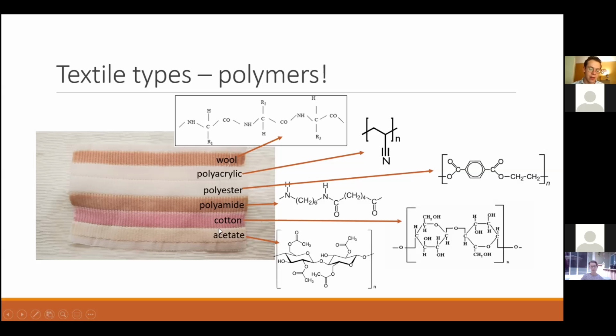This is the color that is just there before you dye it, even though both of these are cellulose. This is cellulose acetate, this is just cellulose. So it's important to emphasize that, to show the other side of the thing that the dye is binding to.